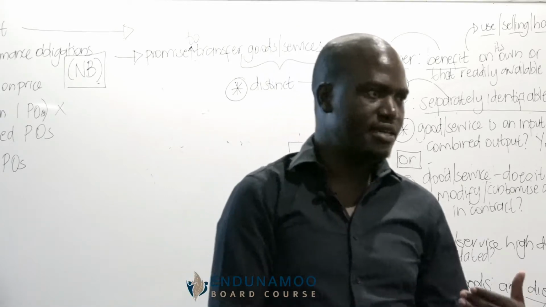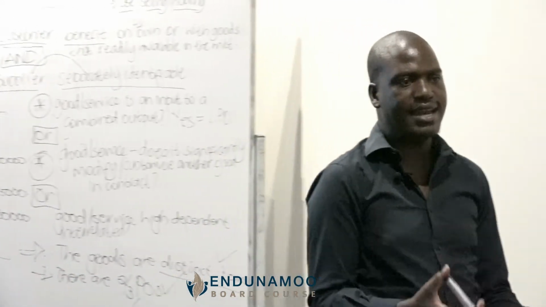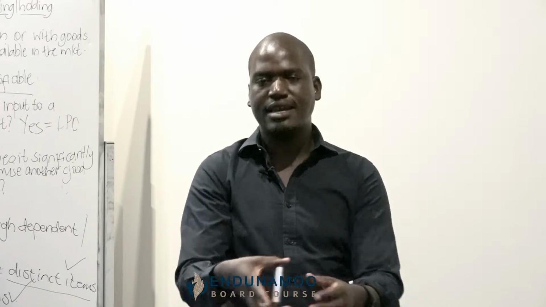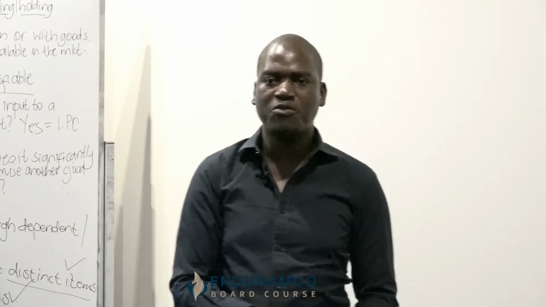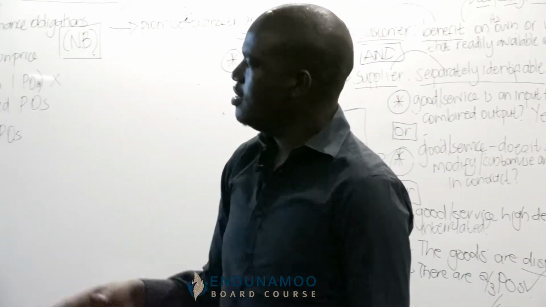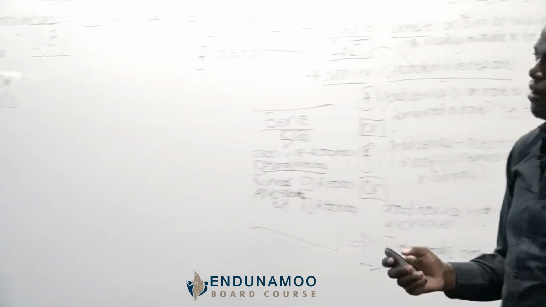Again, some consider those to be 2 points, so you are able to see the link of your first conclusion of whether the goods are distinct or not in relation to the conclusion of how many performance obligations you've got. Is that clear? So that is what step number 2 is all about.